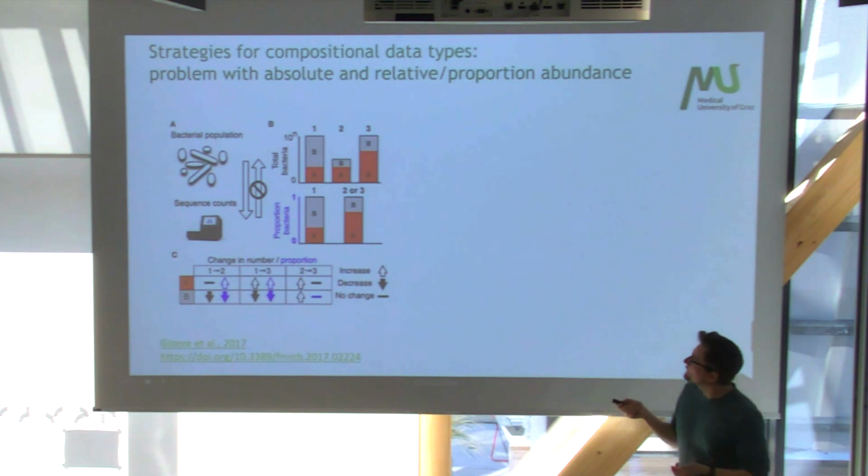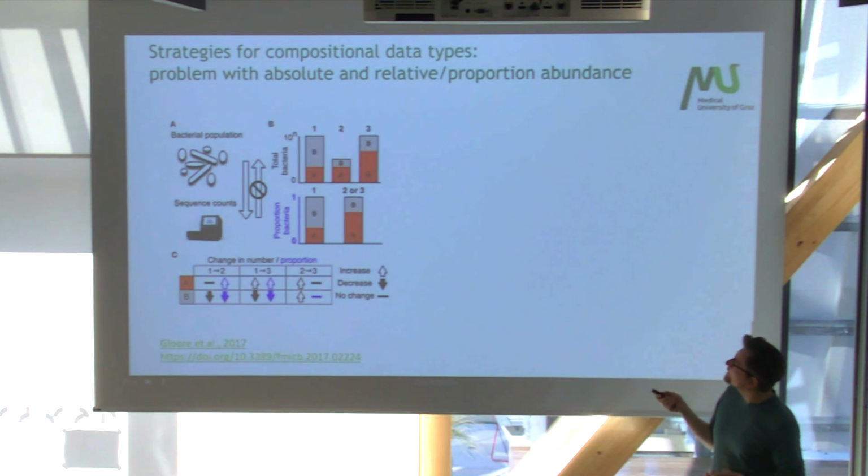Here's one example. When you have a population of different microorganisms and you sequence them, you get information in this direction, but it's not valid to make a direct comparison in the other direction, as explained here on the other side. Let's imagine we have 3 samples, and 2 microorganisms in this population. Let's say the long one and the little cocci one.